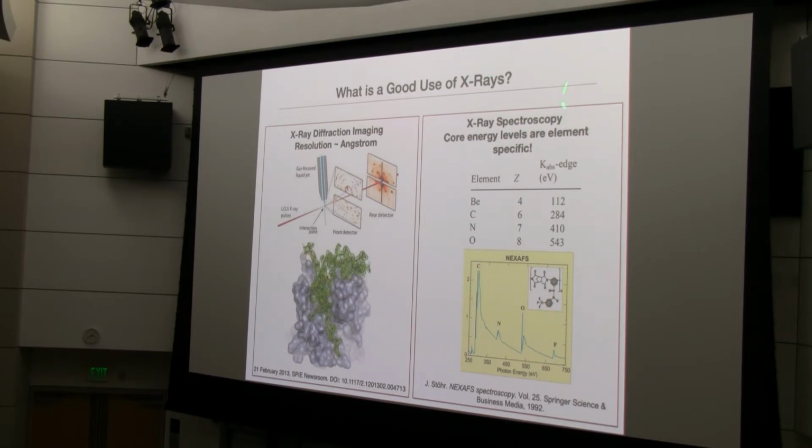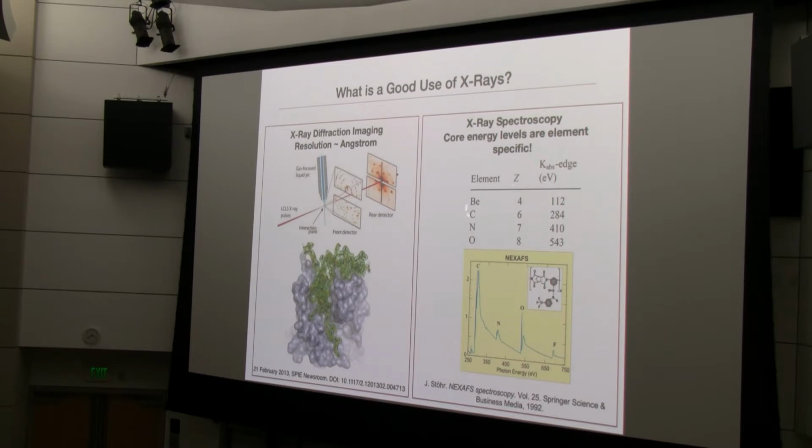And then the other set of techniques, completely different, but achieve similar goals, is X-ray spectroscopy. The idea here is that you can tune X-rays to the absorption, to the energy levels of core electrons in atoms. And it just so happens that these energy levels are very widely separated from each other by tens to hundreds of eVs.